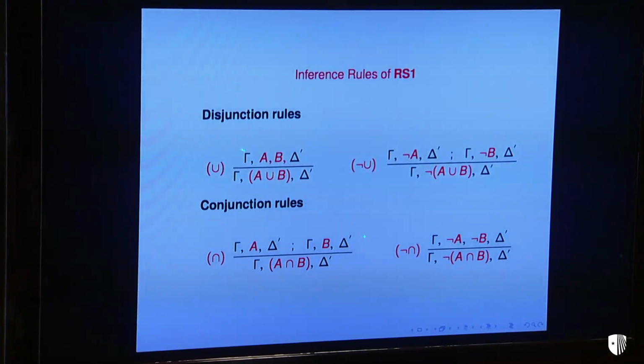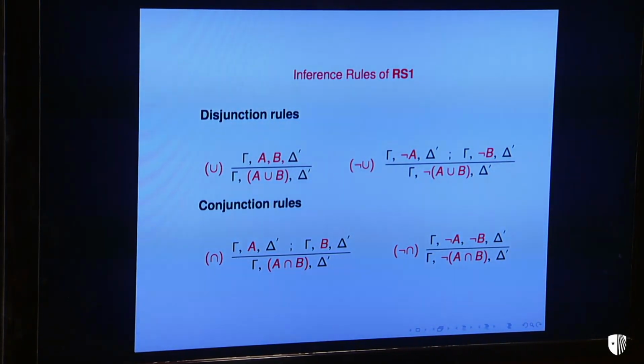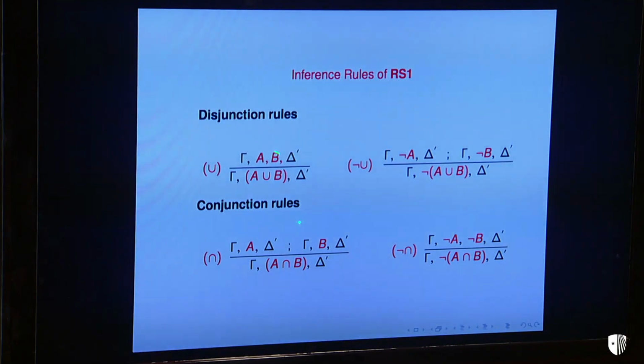Literals are not at the beginning, but at the end. This is a different proof system because the rules are totally different. So this is a different proof system in all the rules.